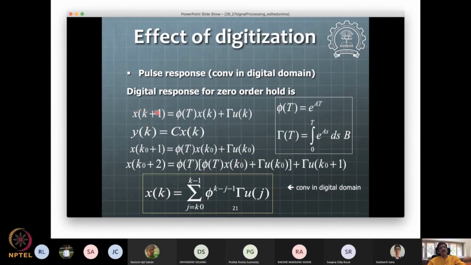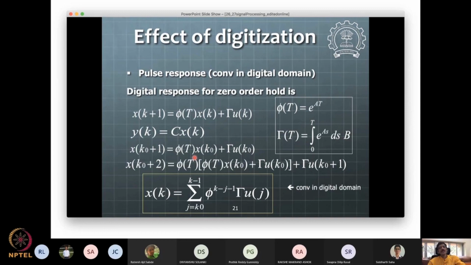So x of k plus 1 is equal to z x of k. That is how one can see it in the Z domain. That kind of operator can be introduced into this form to get new transfer functions in the discrete domain. This is the next step that is done.